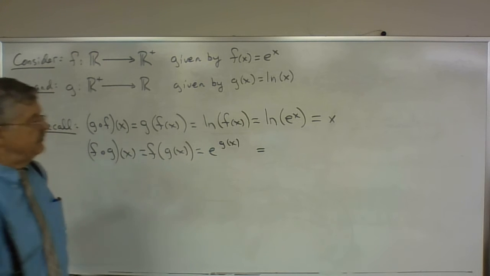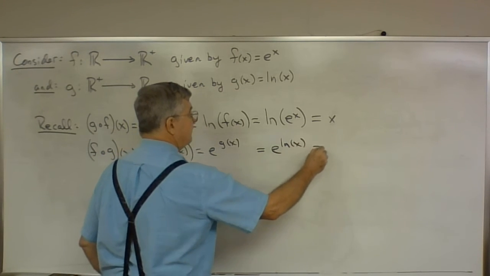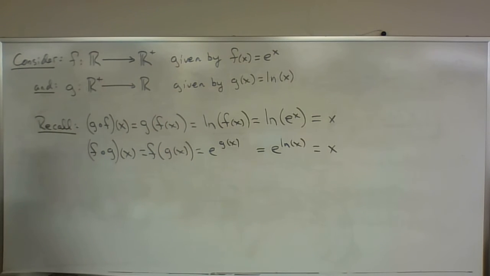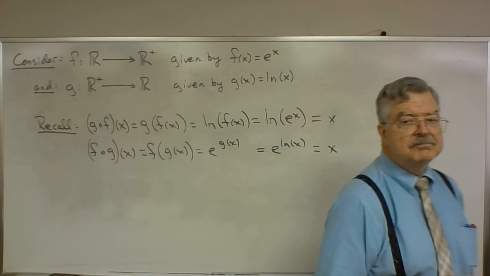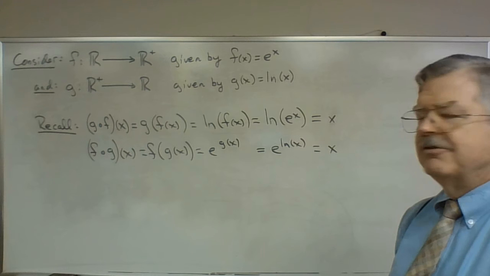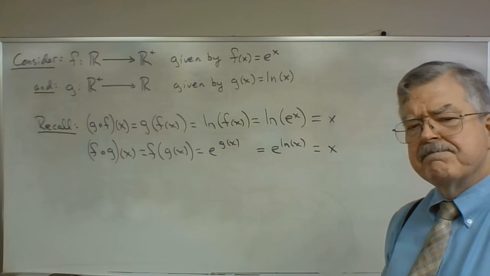And g of x is natural log of x, so we get e to the natural log of x, which we know is x. So g and f are well-known inverses of one another. There are a few more things that we'll be able to say about them in a minute or two.